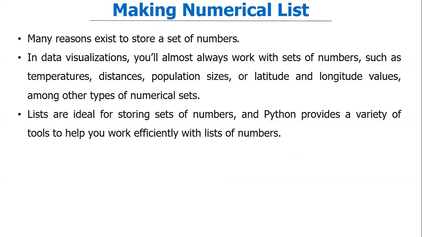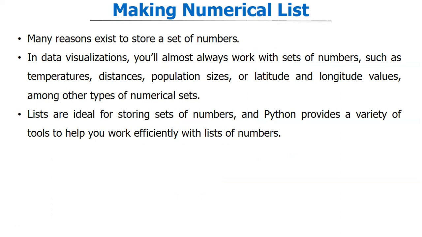So we are talking about making numerical lists. There are many reasons to store a set of numbers. For instance, in data visualization, you almost always work with sets of numbers such as temperatures, distances, population sizes, or latitude and longitude values, among other types of numerical sets.